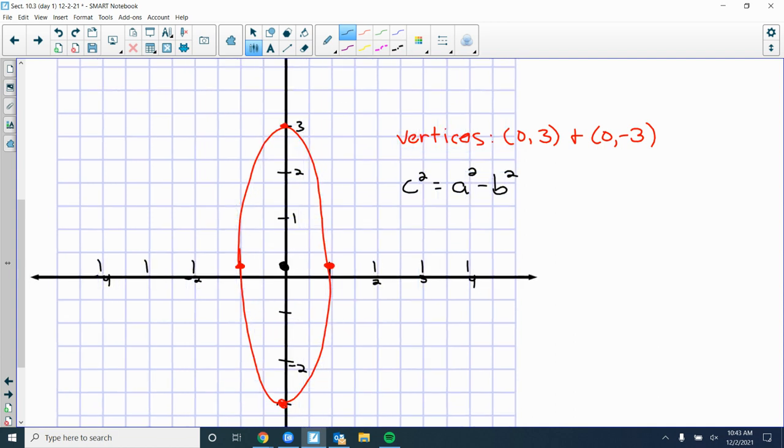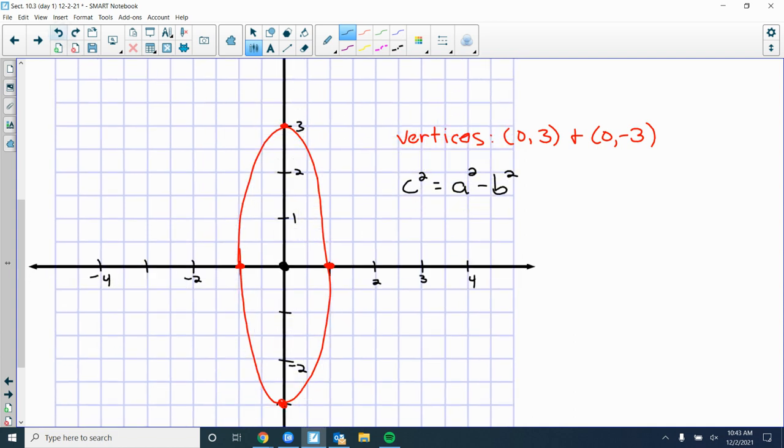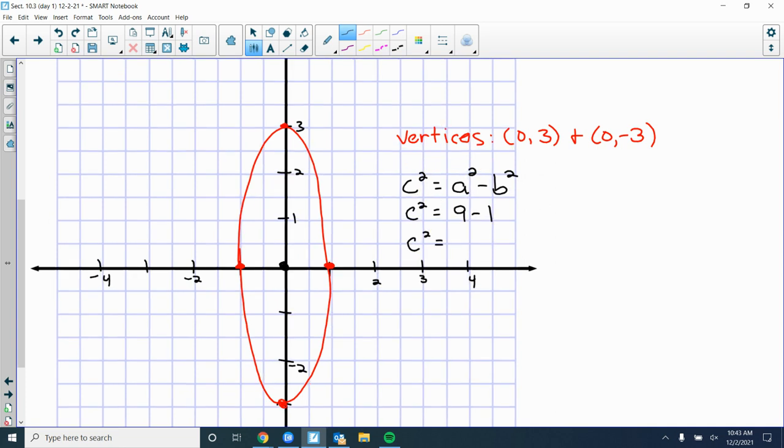A squared is always the bigger one, so c squared equals 9 minus 1. C squared equals 8, so c equals the square root of 8. That does simplify to 2 radical 2, but you can leave it as radical 8. You're going to need a decimal because you have to put it on the graph. About what is the square root of 8? Just type it in your calculator and hit enter.